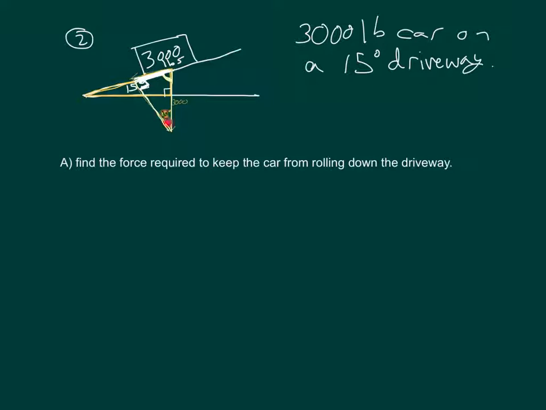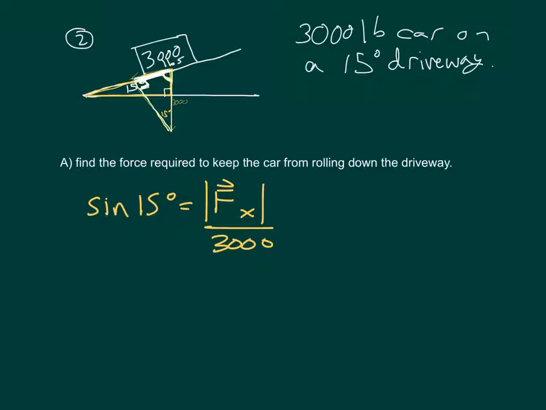Okay, so I've got my 15-degree angle there, so I could use sine, all right, because that's opposite, and I know the hypotenuse is 3,000. So we'll just write sine of 15 degrees is going to equal my force, we'll call that force x, over 3,000. All right, and this should be our magnitude, right?